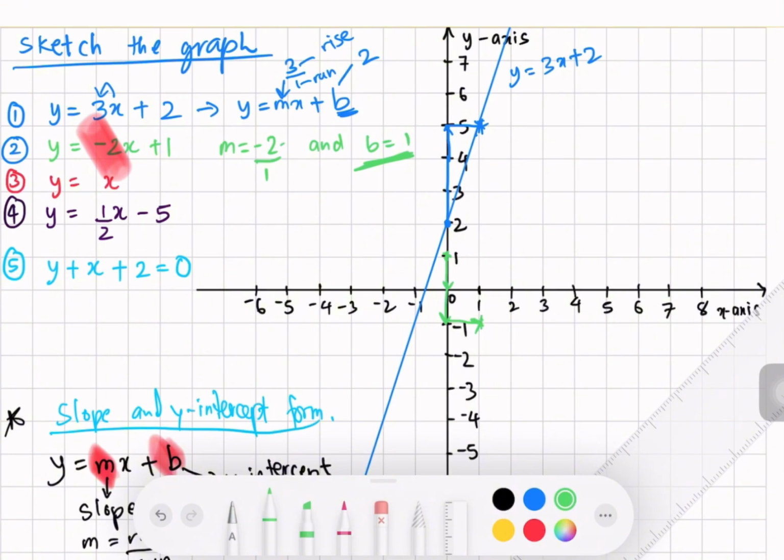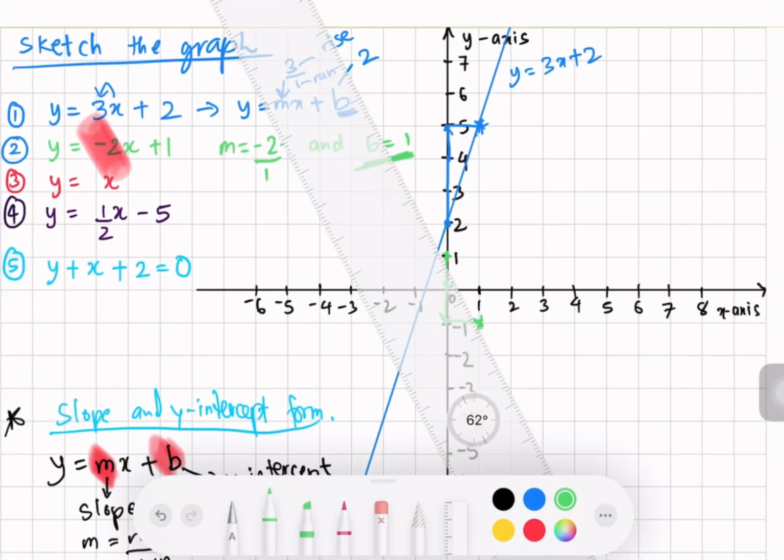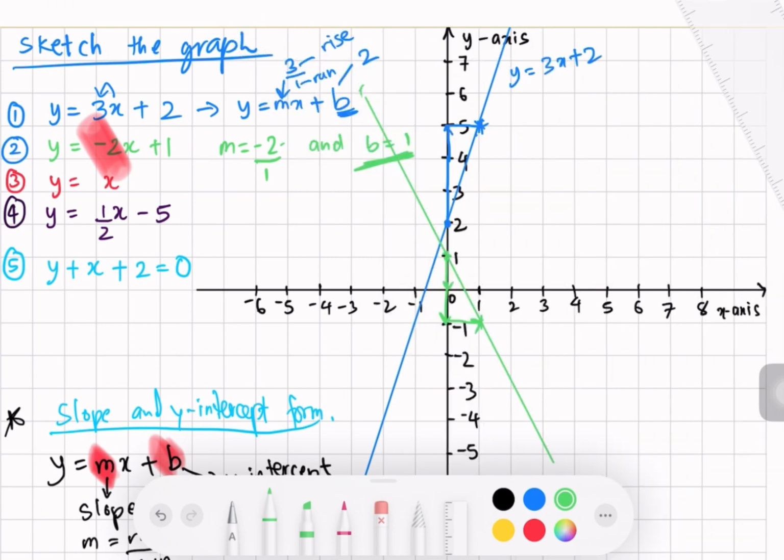So this is my point here to join my y-intercept and the point here. So this is my graph y equals negative 2x plus 1.